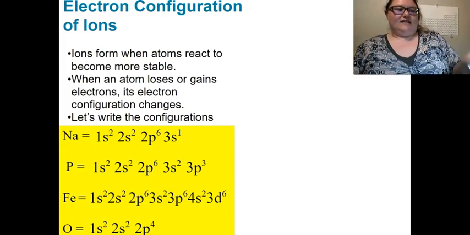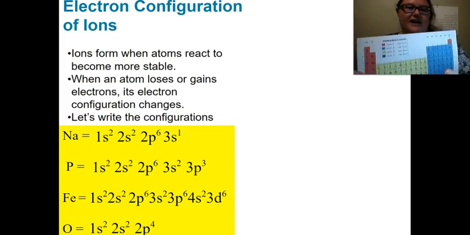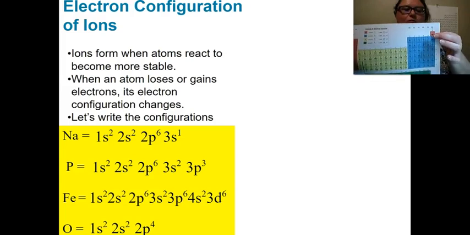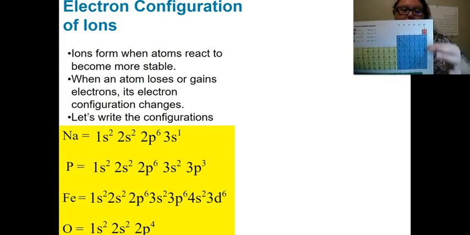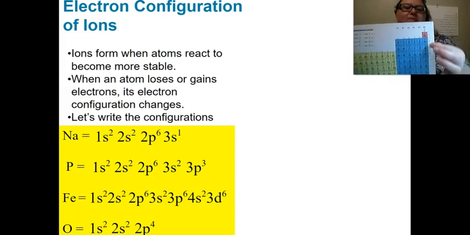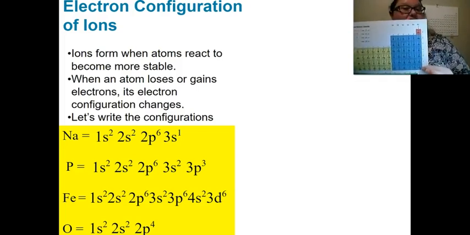So the atoms want to be unreactive. They want to be stable, low energy. And so to do that, they want to be like a noble gas, which is 8A. 8 was that magic number, exception helium with 2. 8 was that magic number where the energy level is full.